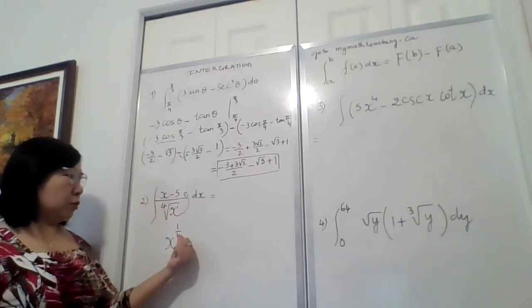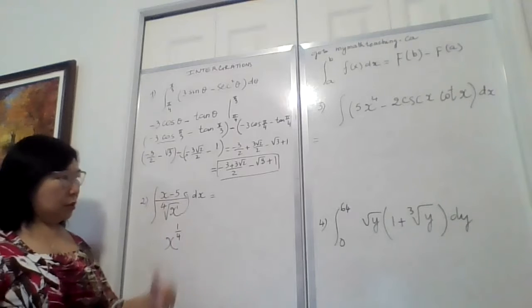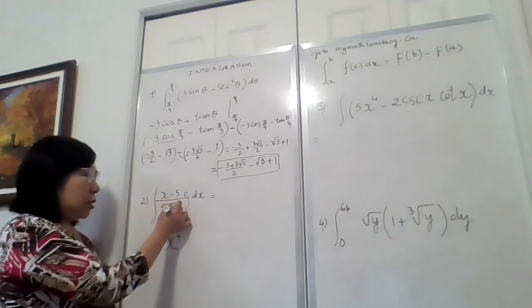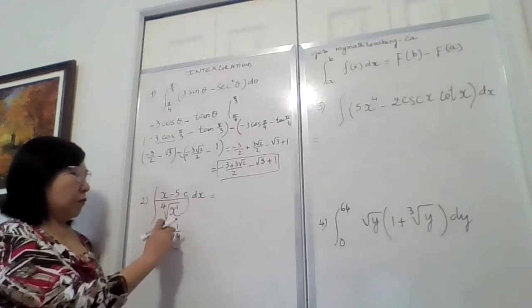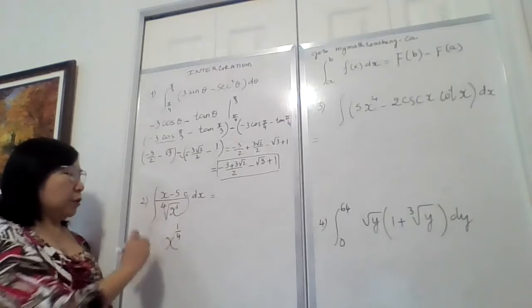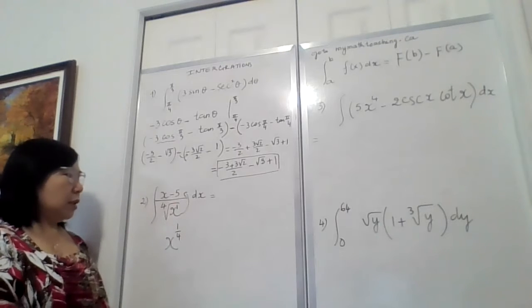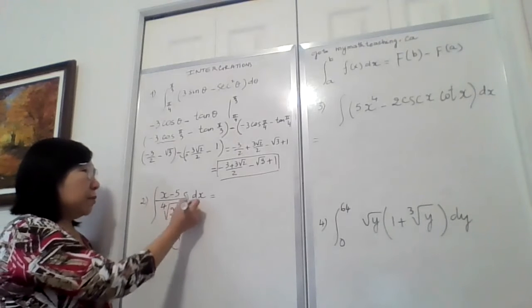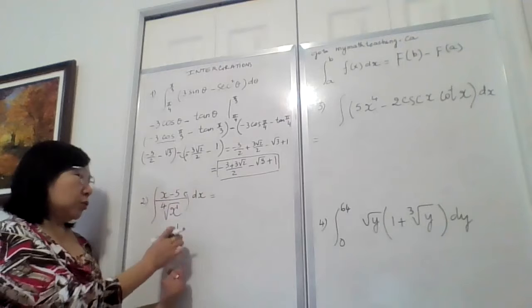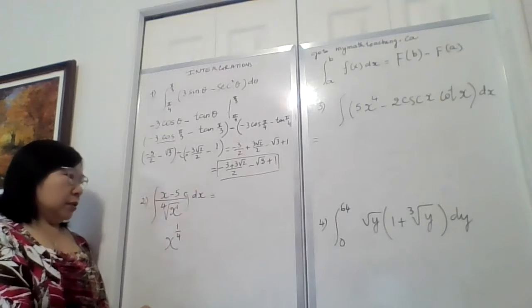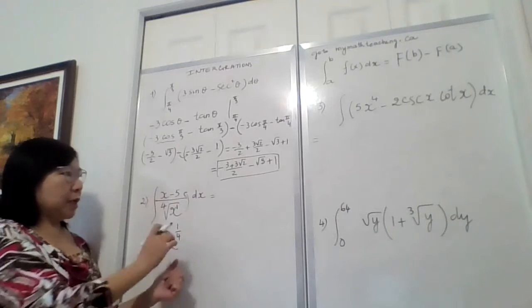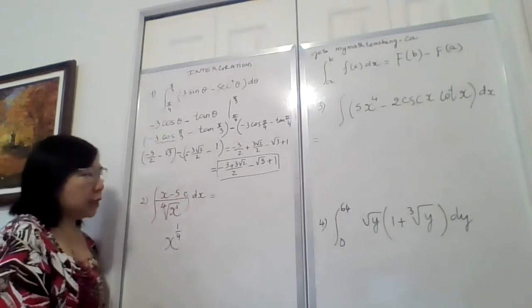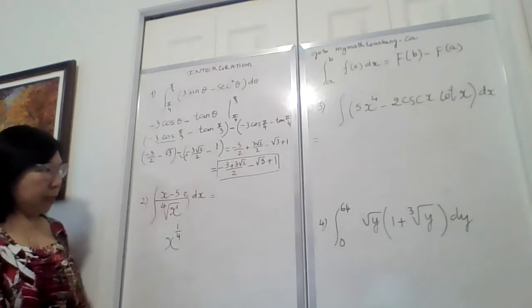So the bottom is the root and the top is the power. The power here is 1, so 1 over 4. The same as this value, you write it as a rational power. Now I'm going to bring this number up here. But when I bring it up here, a positive power becomes a negative power. That is the negative power rule in math.